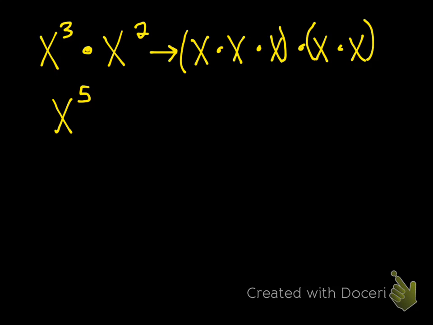Okay, so when you're multiplying like bases, that means the same base. These have the same base. They're all x. Then all you do is add the exponents.